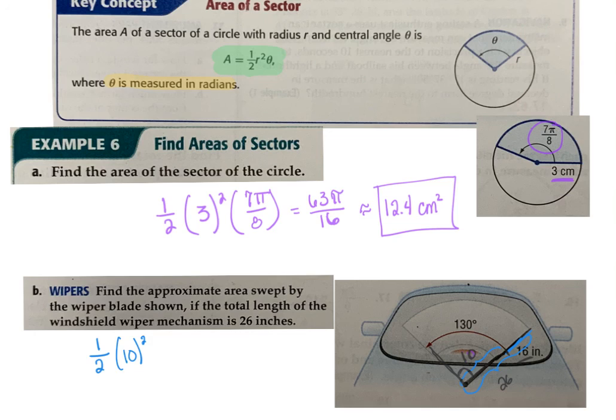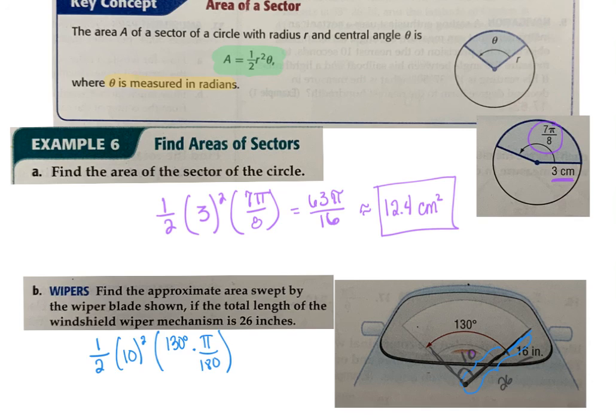Now our theta has to be in radians. It is in degrees. So I'm going to take that 130 degrees, and how am I going to change it to radians? So pi over 180. And so this is what it's going to look like when I do this particular one. All right. I am going to multiply across. You'll get approximately 653.5.